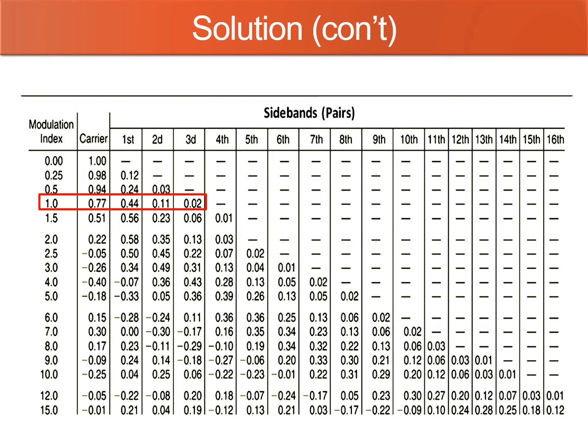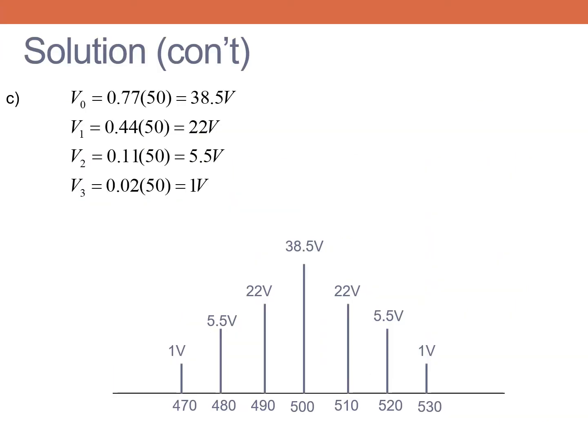Alright, so here is the value for the modulation index and the rest of the carrier and the sidebands. Now we continue to question C, where we need to calculate the amplitude values and then draw the frequency spectrum. First of all, we need to find the components of the carrier and the rest of the sidebands.